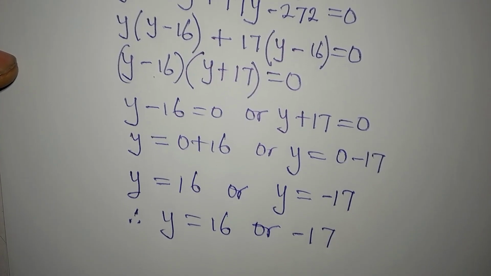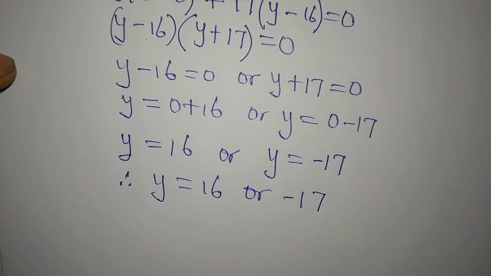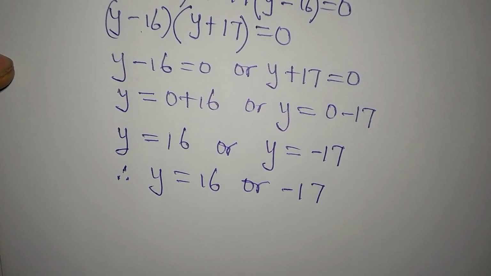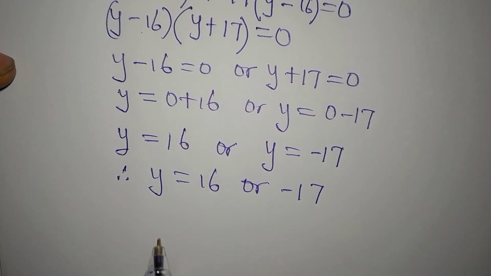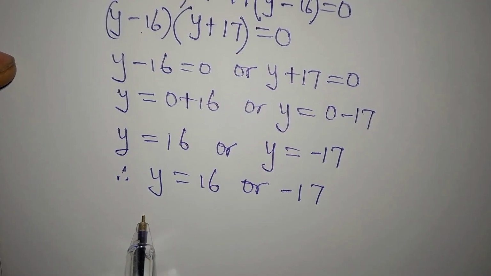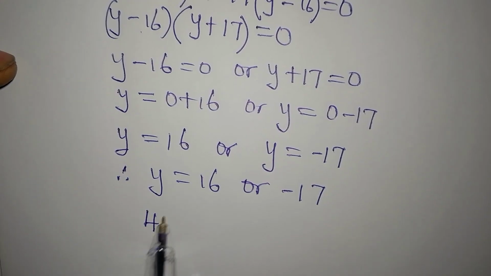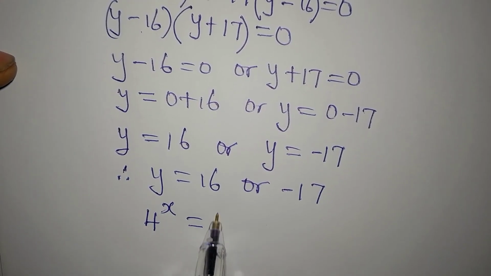But remember that we're not looking for the value of y initially. We're solving for x. And at some point, we said that 4 to the power of x is equal to y.